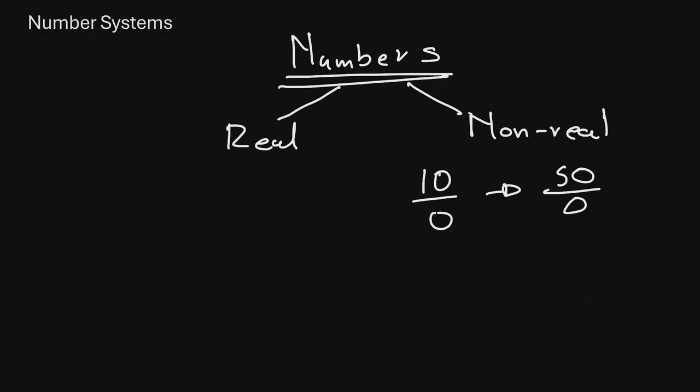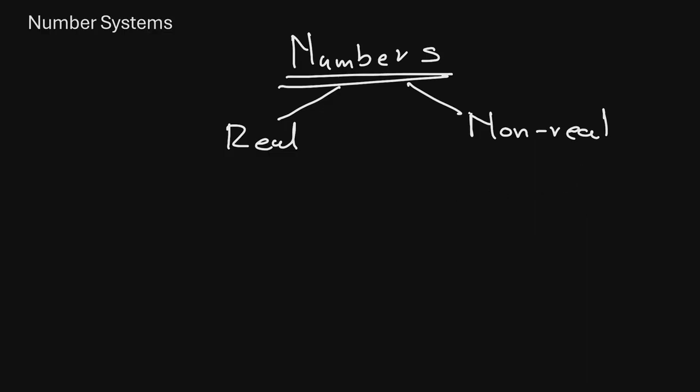So that means any number that is divided by 0 is going to be a non-real number. And then another type of non-real number is a number that is inside a square root and is a negative number. For example, a square root of -2, a square root of -1, a square root of any negative number, that will give you an error on your calculator. So as soon as the number gives you an error, therefore that number is a non-real number.